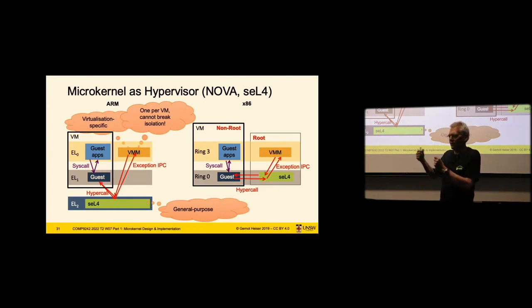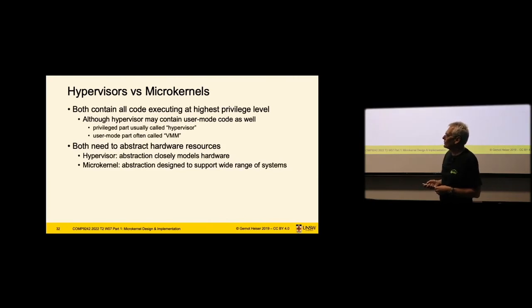So it needs root mode because it needs to access virtualization state, but it doesn't have more privilege than a normal user process. As a matter of fact, in this model, native seL4 tasks would of course also run in ring 3 root mode next to the VMM. So that's the basic model of using seL4 as a hypervisor.